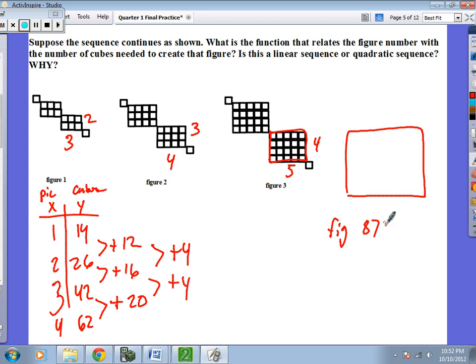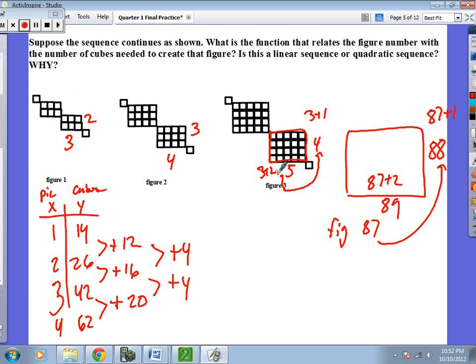So I know figure 87 is going to be an 88 by an 89. And I know that because I just add 1. So 87 plus 1. And I added 2. This is 87 plus 2. Because 4 is just 3 plus 1. And 5 is 3 plus 2.